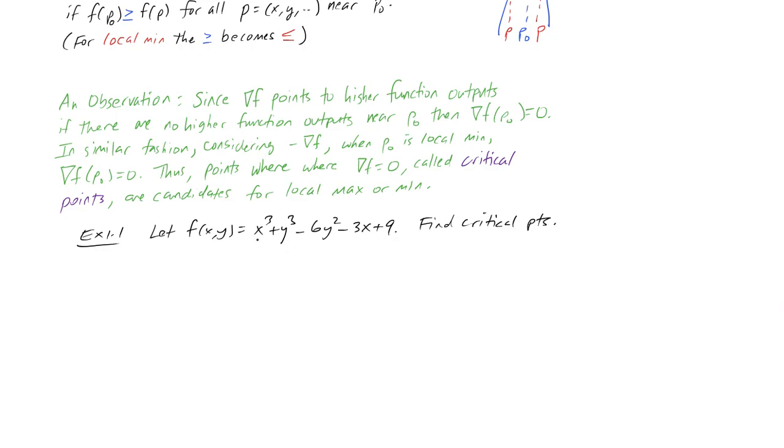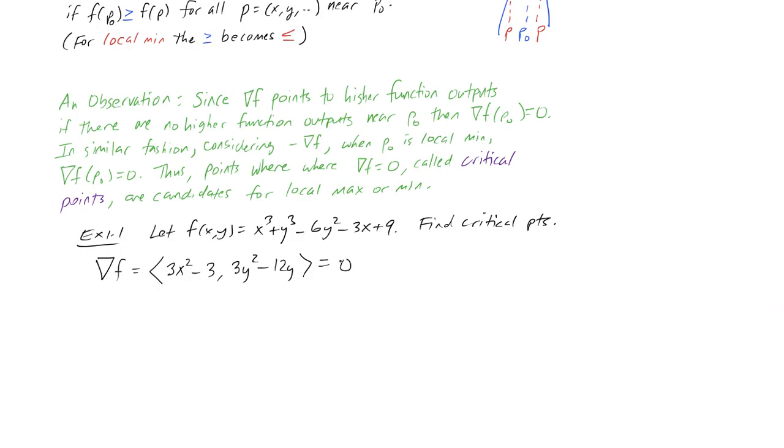Okay, so we want to find the places where the gradient is 0. And once again, these may be local maxes and mins, or they could be something else, like a saddle point. So first off, we take the gradient, and that's going to be 3x squared minus 3 as the x component, and then 3y squared minus 12y as the y component.